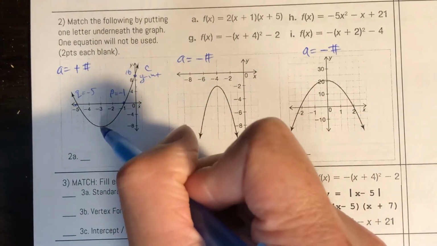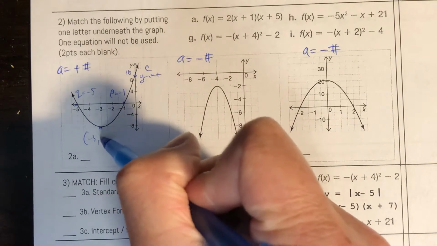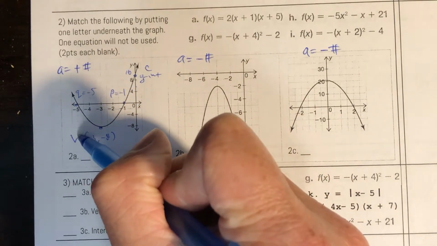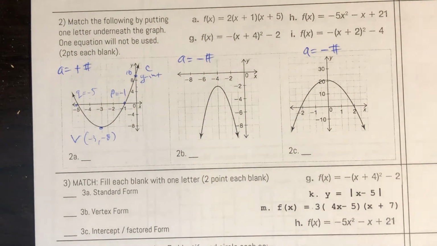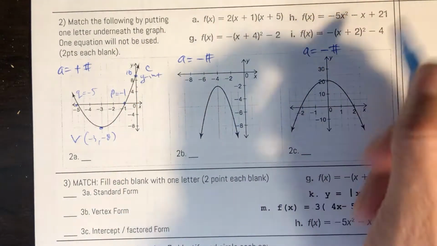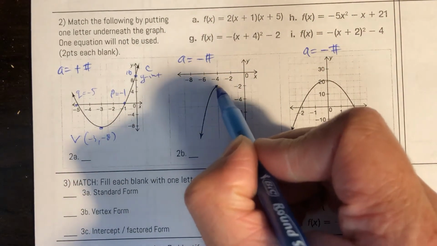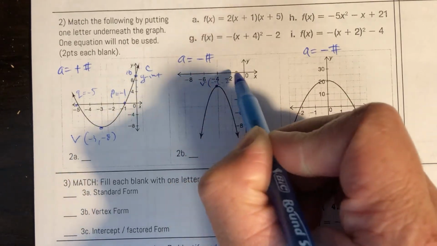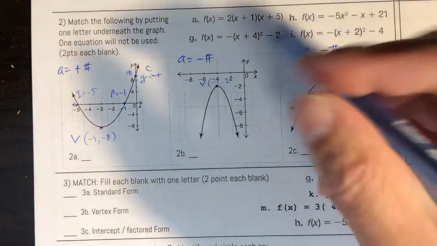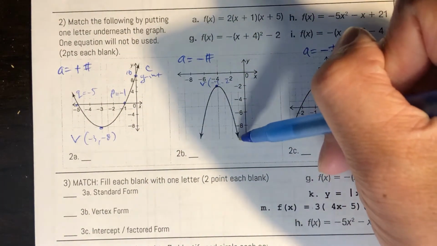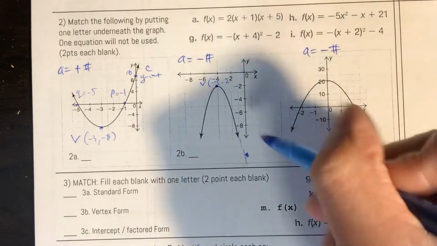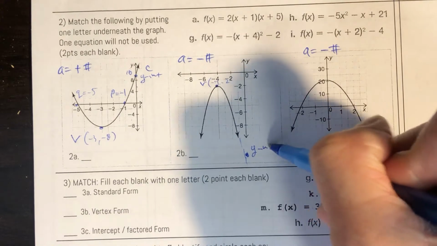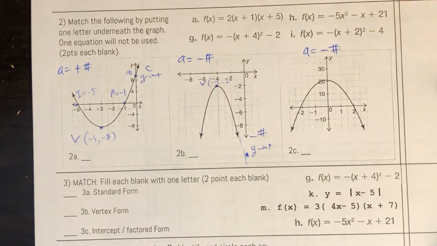And if I needed it, -3, -8 for a V for vertex. This problem has a vertex at -4, -2, no x-intercepts. And then the graph's going to keep going down here, so I'm just going to say a y-intercept of a negative number.